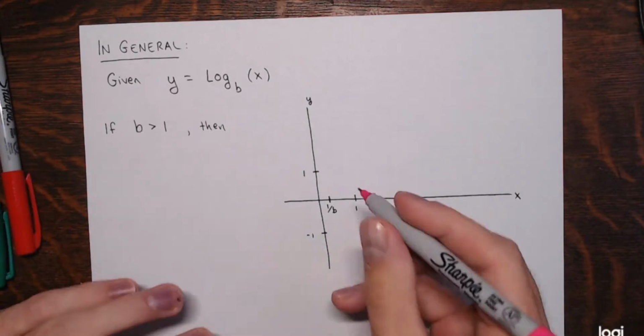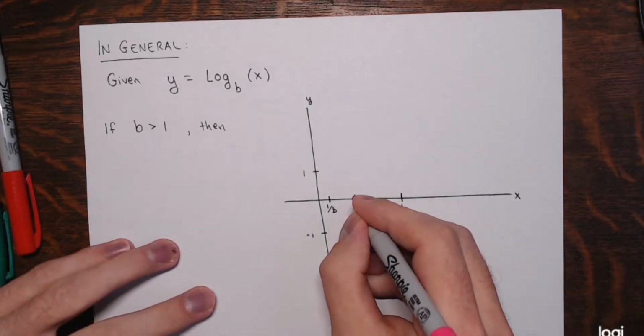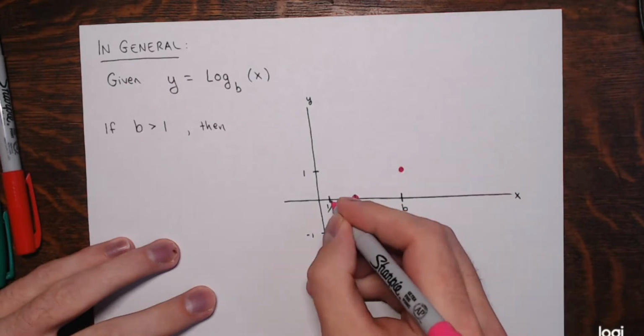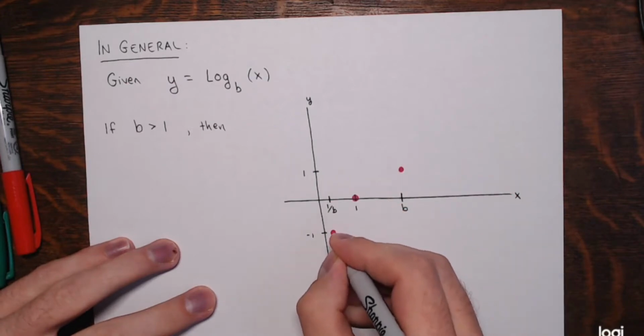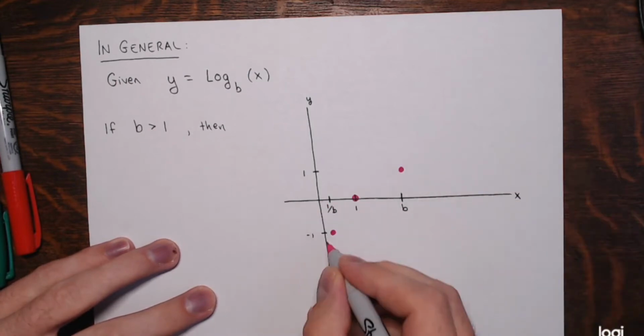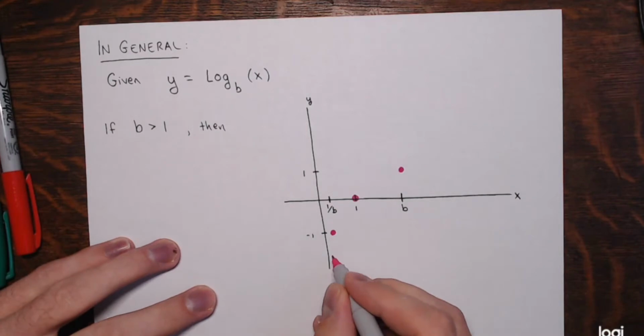You'd have these points: the point 1, 0, b, 1, and 1 over b, -1. And you could go b squared, 2, b cubed, 3, 1 over b squared, -2, 1 over b cubed, -3.